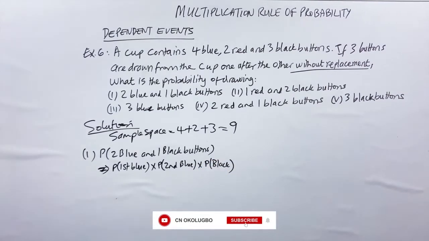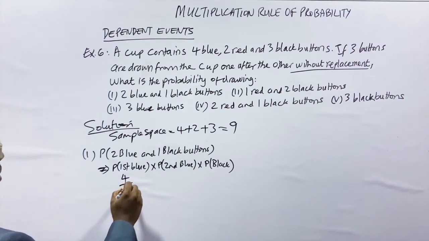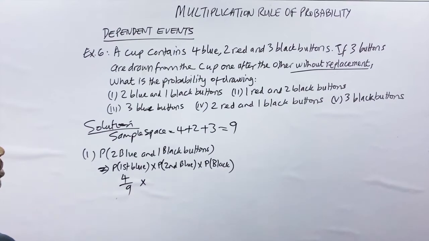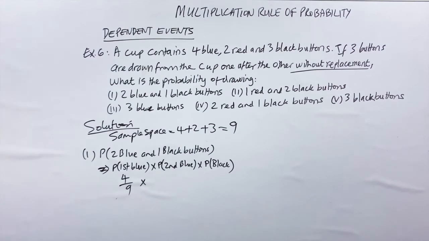So now probability of first blue is going to be, we have four blue buttons, so that will be 4 all over the total number, which is 9, times the second blue. Remember, we're taking without replacement, so that means there will be 3 blue buttons left, and then there will be a total of 8 buttons left in the cup.